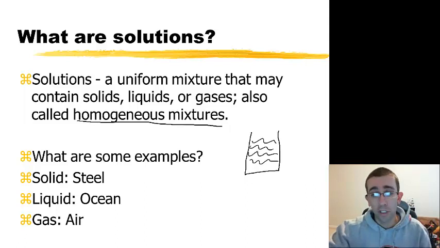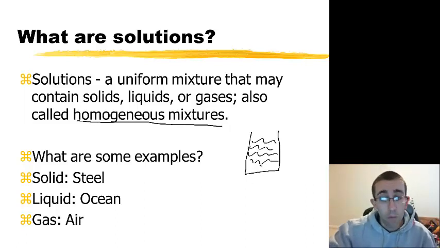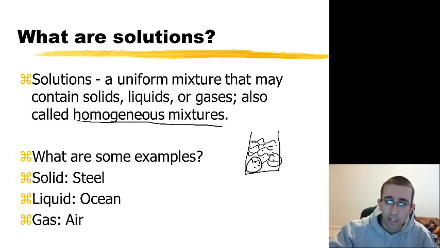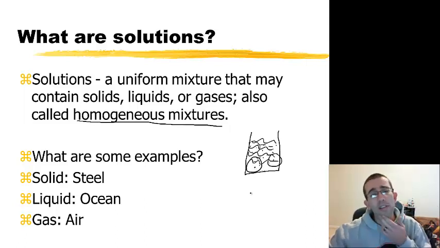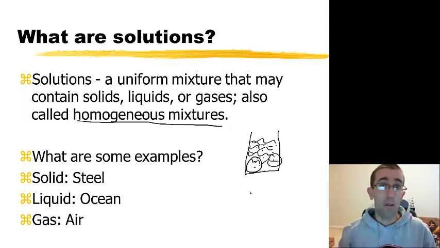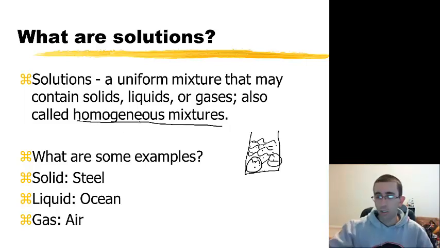Salt water is traditionally sodium chloride and water. No matter where you looked, top, middle, or bottom, if I took a sample here, or here, or here, you would get the same amounts of sodium chloride and water, a uniform mixture. No matter where you look, you get the same stuff.